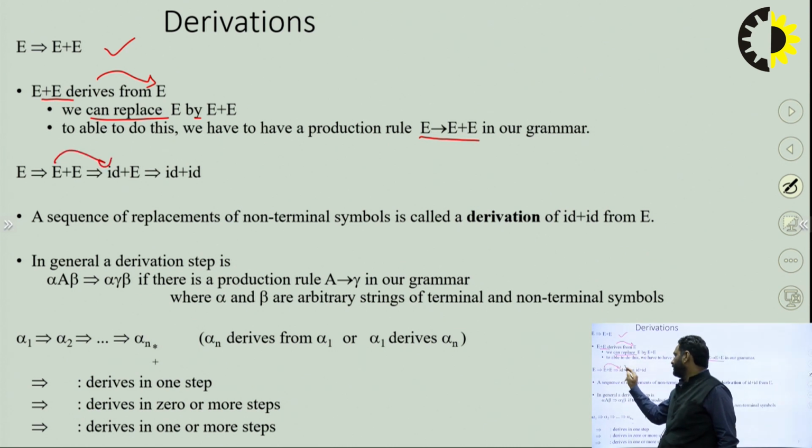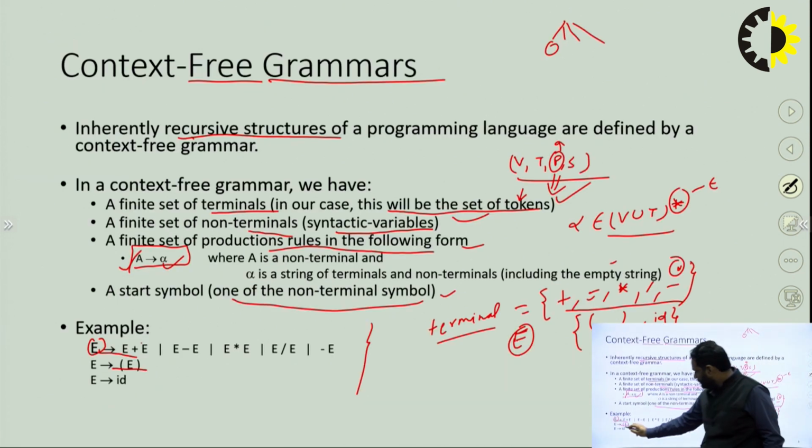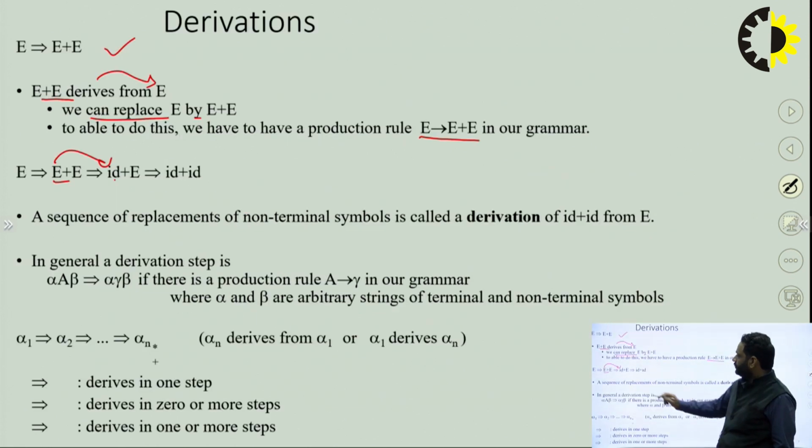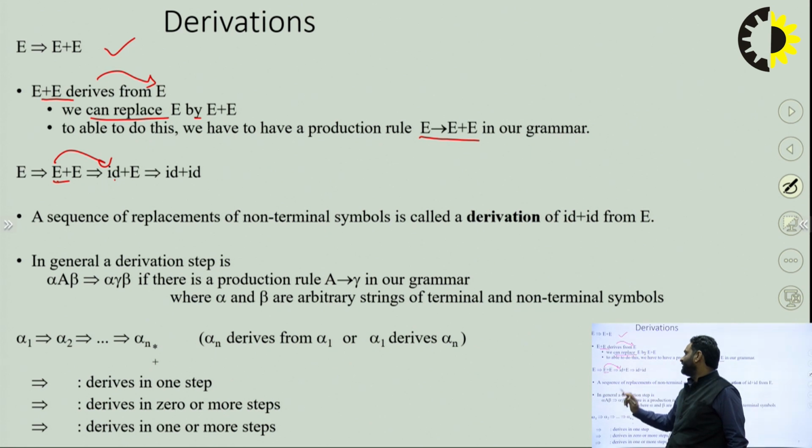Again, we replace this by means of the last production rule that you find here. This is the last production rule. We use this to derive the first non-terminal to ID. Again, in the second, we convert to this one.